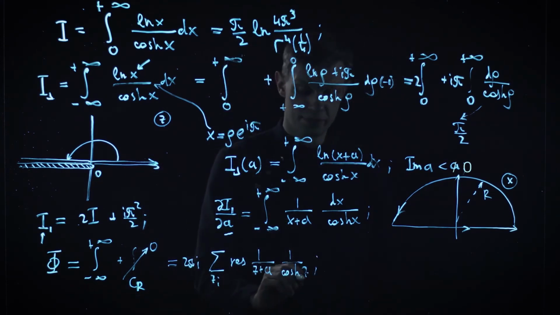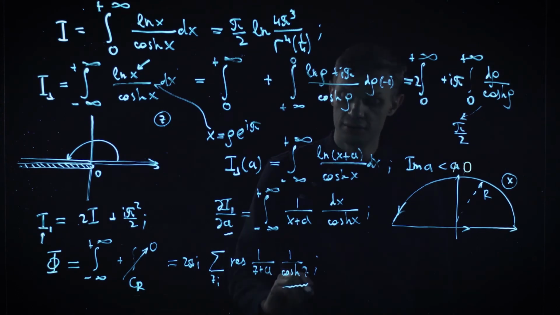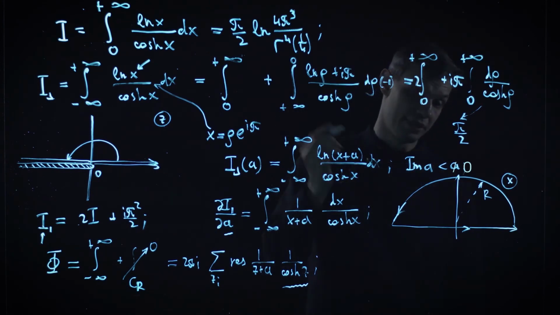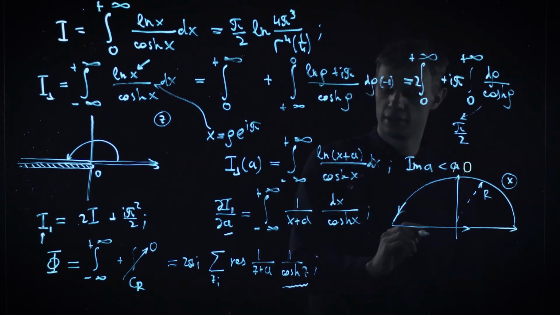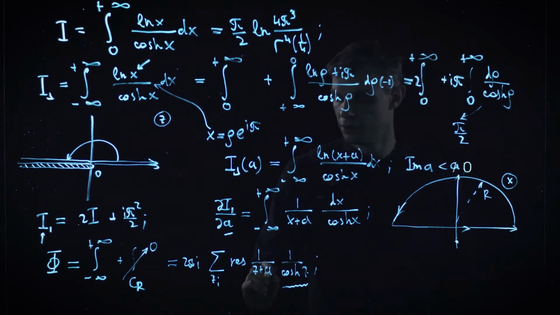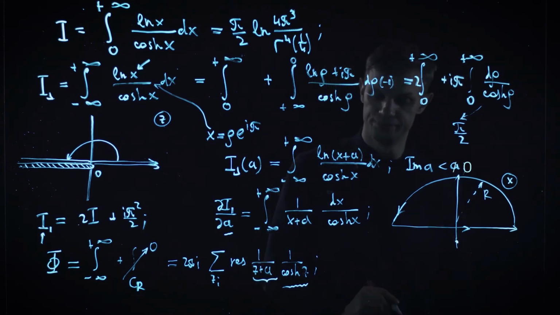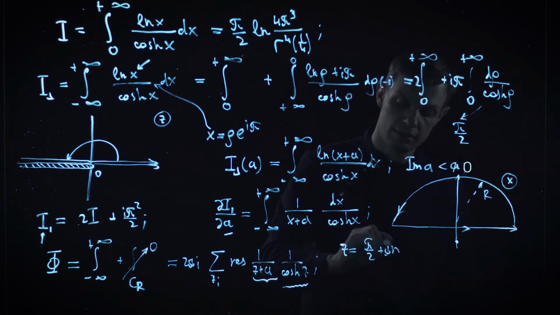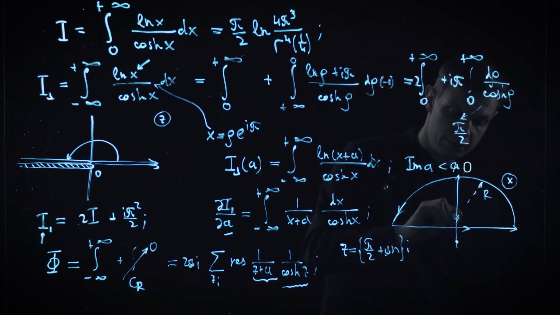The residues are defined by the zeros of the cosine hyperbolic function. Now we understand why this condition was very suitable, because if a is such that its imaginary part is negative, then we don't have to take into account the residue coming from this fraction. So the zeros of the hyperbolic cosine function are simply pi by 2 plus pi n times I. So here they are.